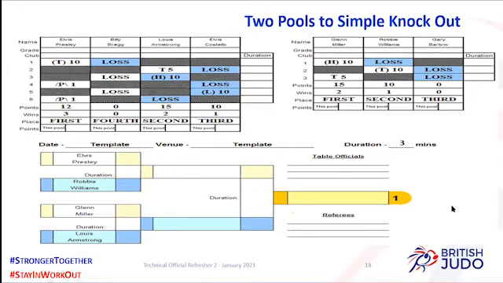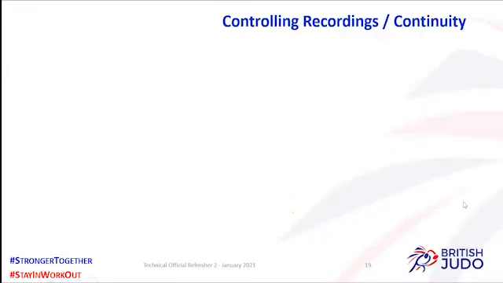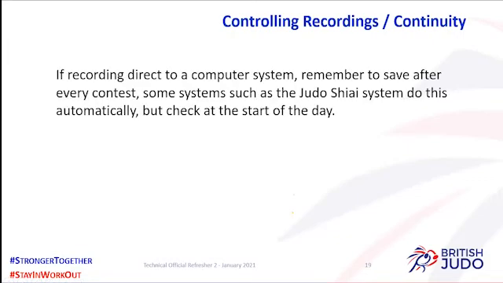Okay. So that's all I really wanted to cover on the pool sheets and the knockout at this particular stage at this level. So there's a couple of points. If recording these results direct to a computer system, it's really important to remember to save after every contest.